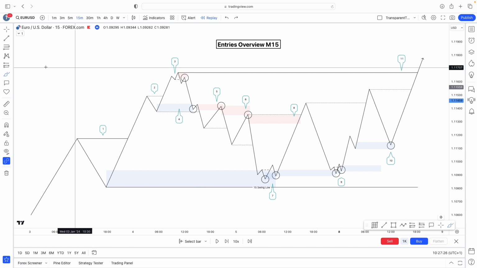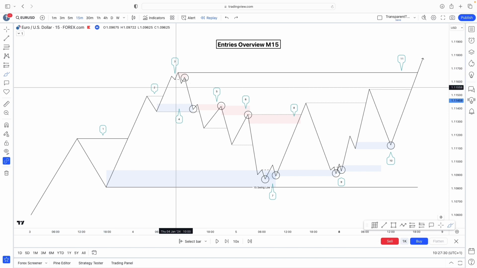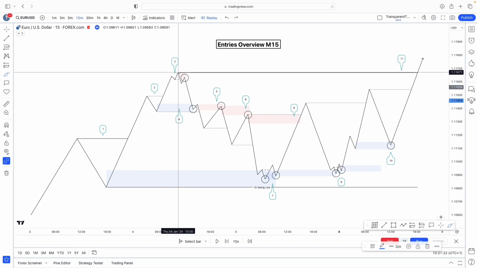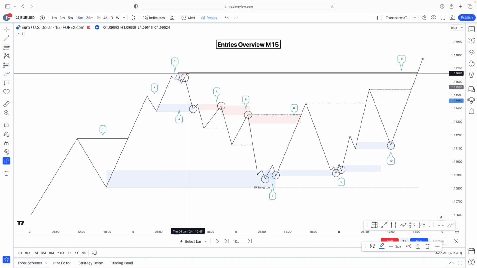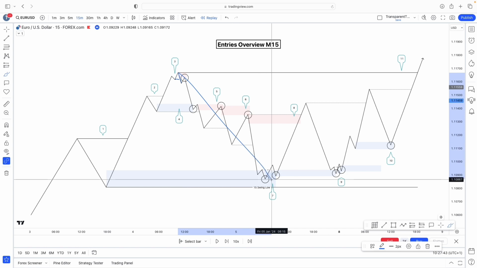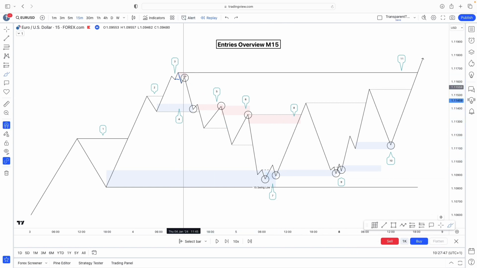At point 3 then, potentially we come into some higher time frame supply to the left, and what do we get? We get an M15 CHoCH. That is an M15 fractal structure shift to the downside. Okay, now the M15 CHoCH doesn't signal that the swing's going to pull back, so we don't know that the swing's going to pull back yet, but what the CHoCH does signal is that the internal is likely to pull back.